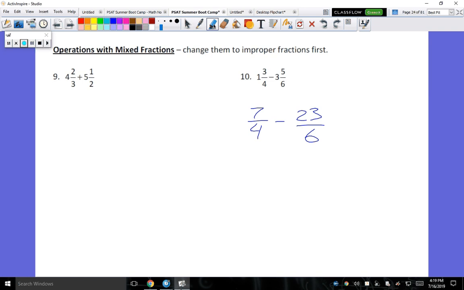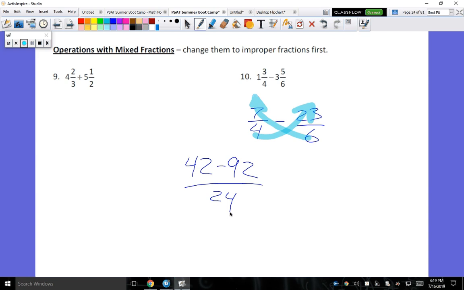I hope you adopted it. So you see 42. And then you see what else? Minus 92 all over 24. Okay? So what is this in the numerator? Negative 50, right? Over 24. Can you reduce it? Yes.